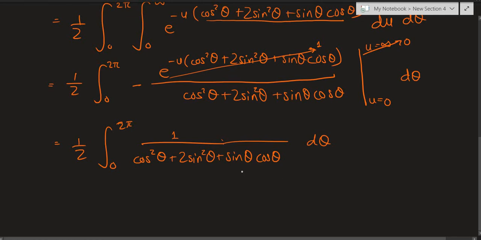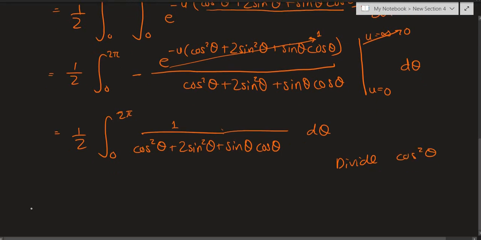Now noticing the trigonometric square terms, I would like to divide both numerator and denominator by cosine squared theta.